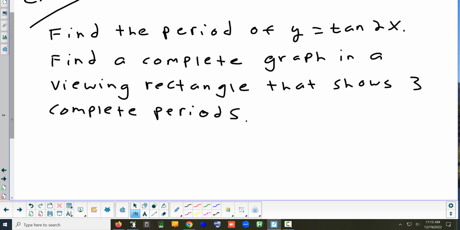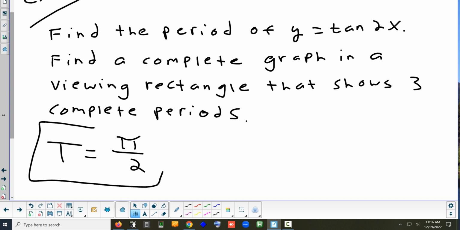All right, let's try this one. So it says find the period, and then find a viewing rectangle that shows exactly 3 cycles. In this case, the period is going to be pi divided by 2. So there's the period.